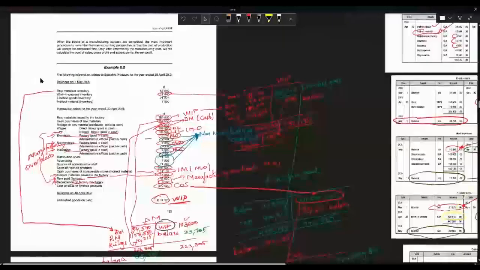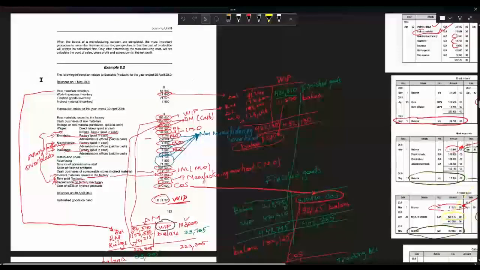Like we were saying, in this example, you will get insurance. There's insurance that belongs to the factory, and there's insurance that belongs to the administrative offices. And if you look here, the insurance that belongs to the administrative offices is 3,000 rand.